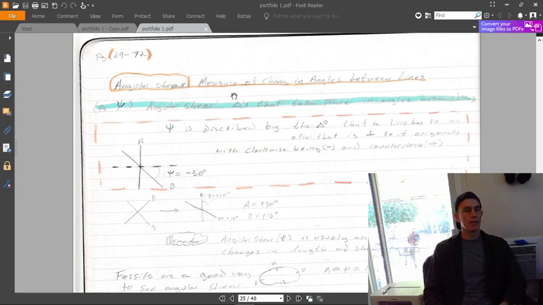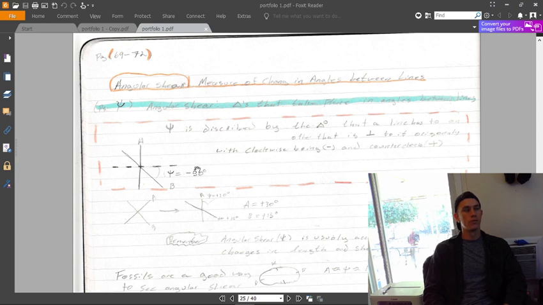So angular shear is basically just how something shears on an angle. It's pretty self-explanatory. It measures the changes in angle between lines. Angular shear, which is this little pitchfork symbol, describes the changes that take place in angles between lines, by the change in angle a line has relative to one that was originally perpendicular to it, like how this one is perpendicular to the x-axis.